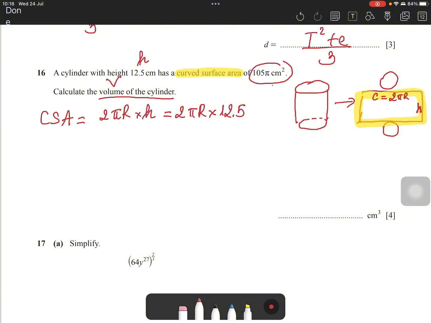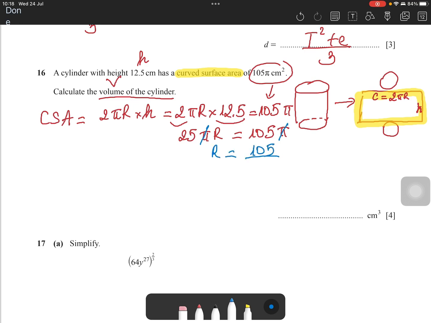And according to the question, it is equal to 105 pi. 2 times 12.5 is 25, so 25 pi r equals 105 pi. Now we can cancel pi and pi. Then the radius is equal to 105 divided by 25 equals 4.2 centimeters.